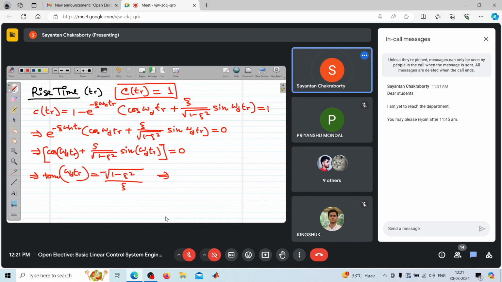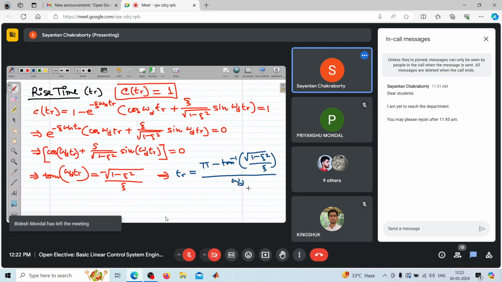From that, we can infer that tr is equal to pi minus tan inverse of root over 1 minus zeta square by zeta, divided by omega d, right?